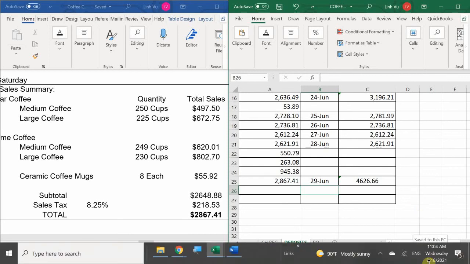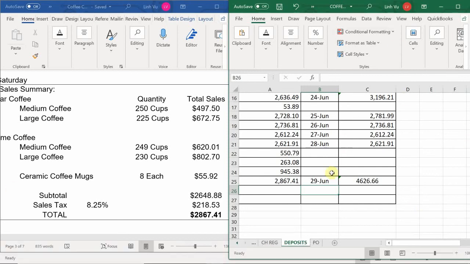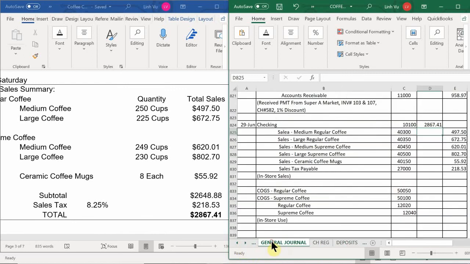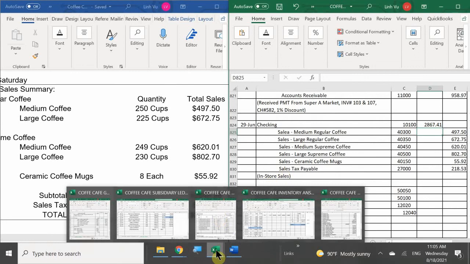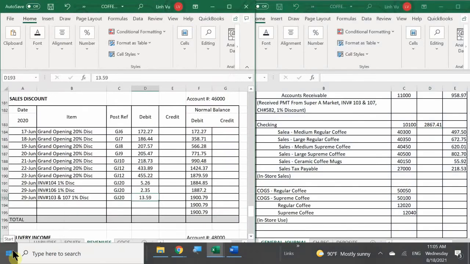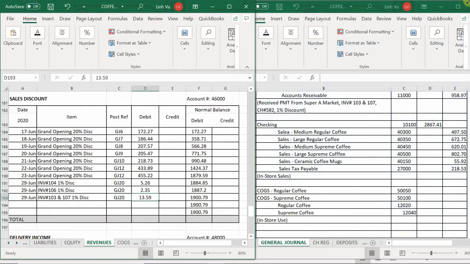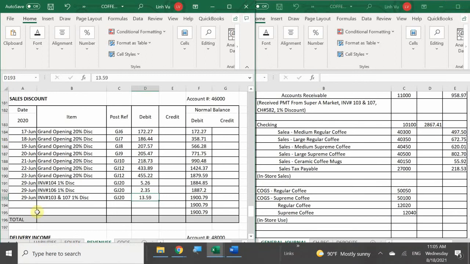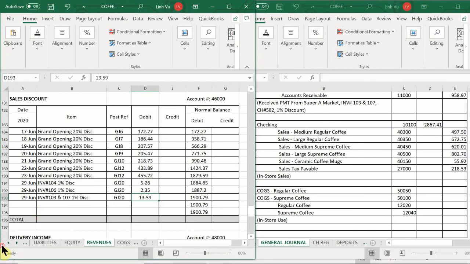So I'm going to go back to my general journal and post to my general ledger accounts. Starting with the first one, which is assets under checking.